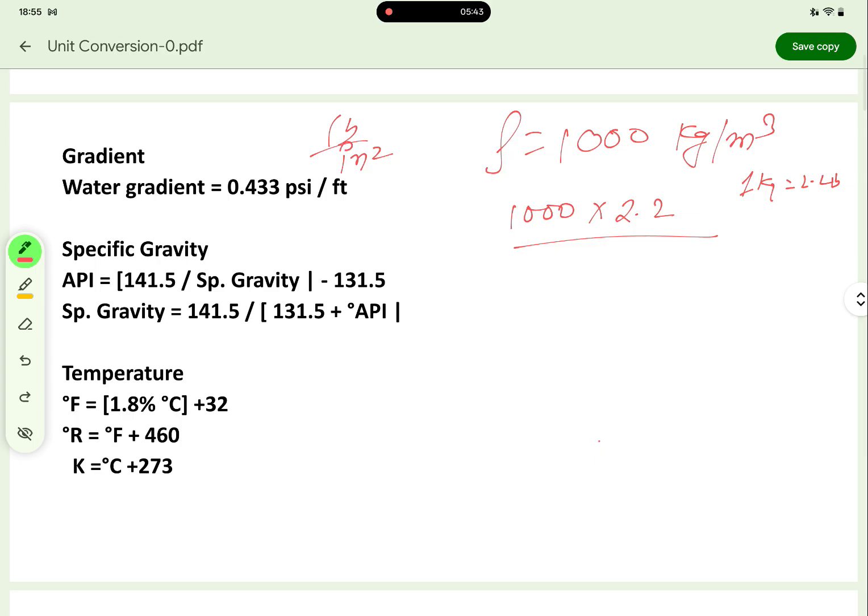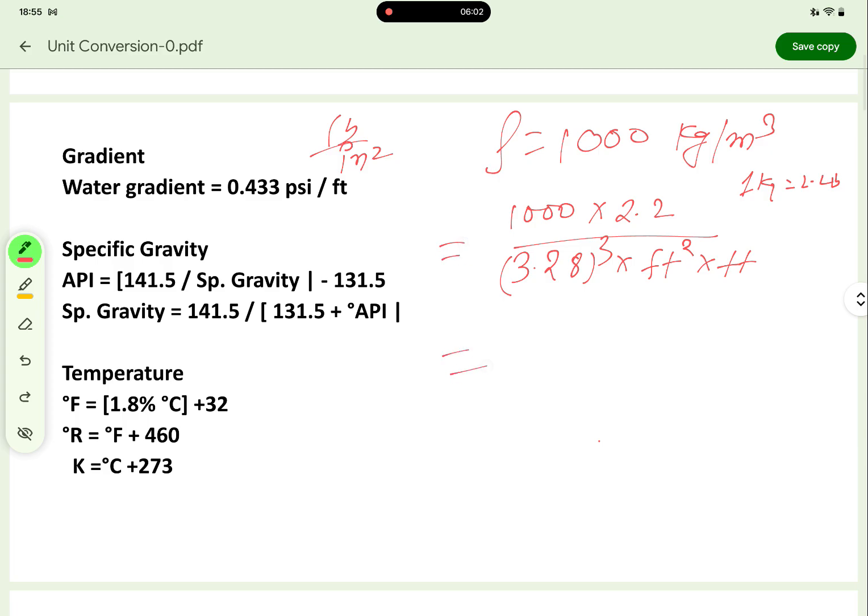So we know that 1 meter is equal to 3.28 feet, so we can write 3.28 cube into feet square, and we can also write feet. The reason I will tell you why I have written in this form.